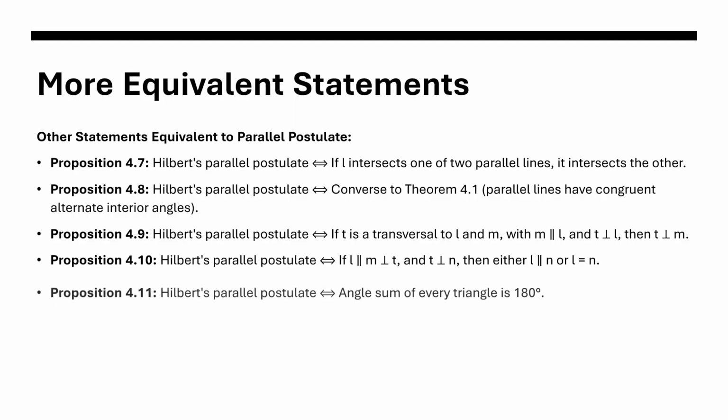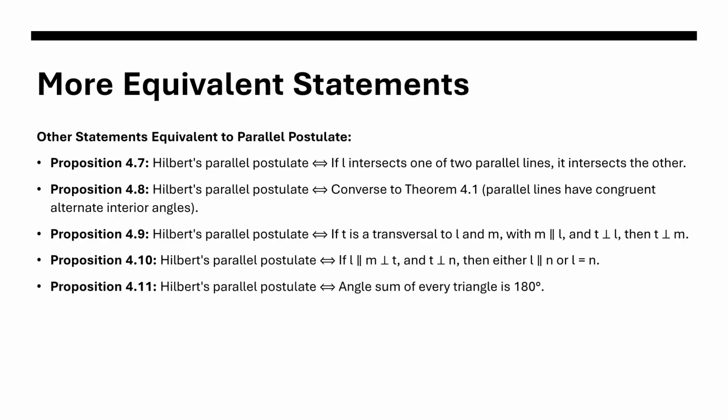Okay. Proposition 4.11: Hilbert's parallel postulate is equivalent to the angle sum of every triangle being 180 degrees. So this is angle sum. The angle sum of every triangle is equal to 180 degrees.